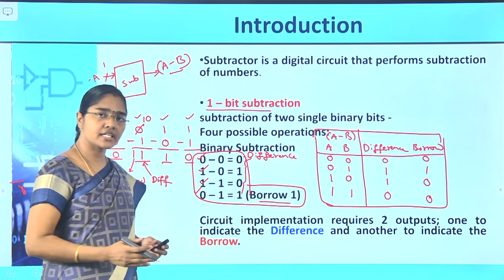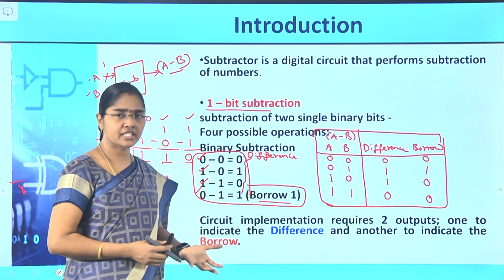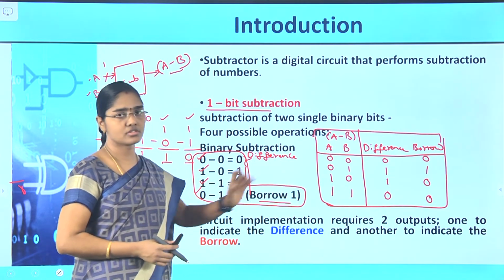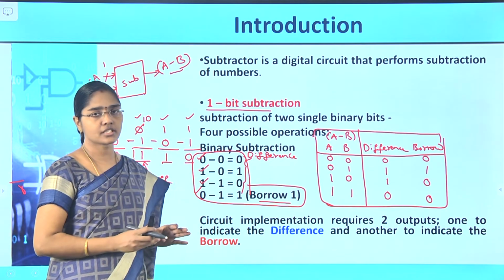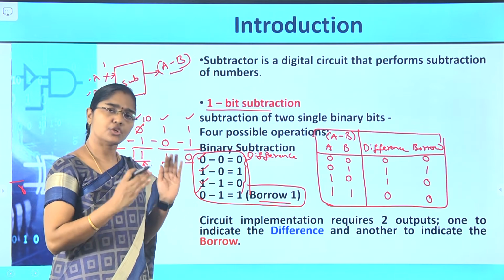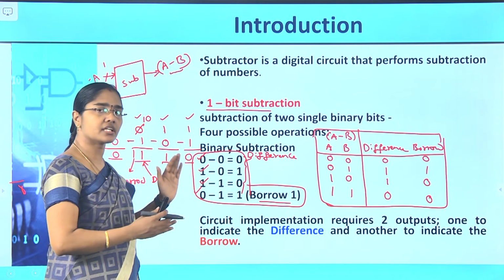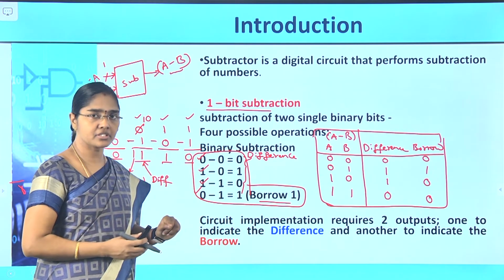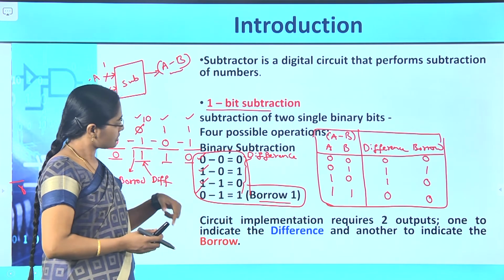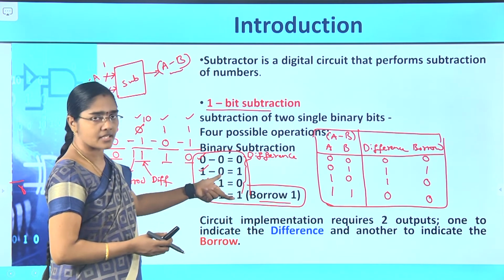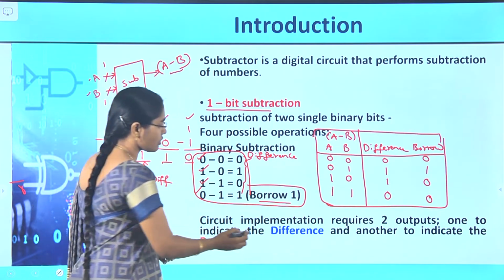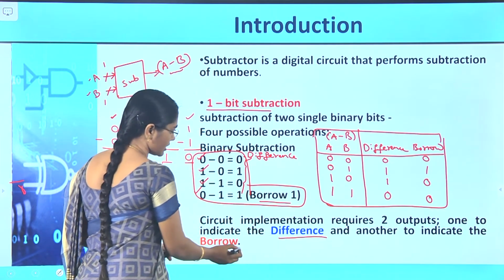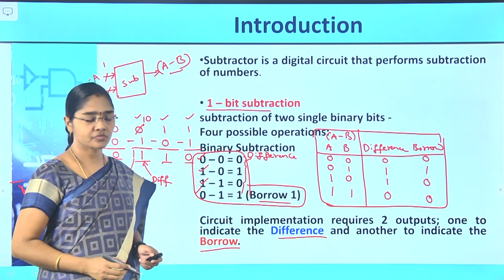Now we are going to design the subtractors using these rules. So what is a subtractor? A subtractor is a combinational circuit which takes two inputs. First we take two single-bit inputs, and using the single-bit subtraction rules it produces two outputs: one is called difference and another one is called borrow.